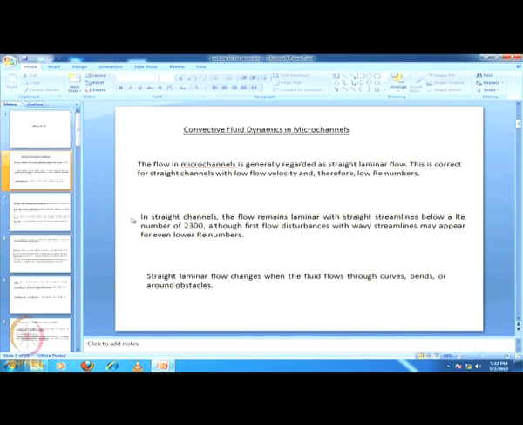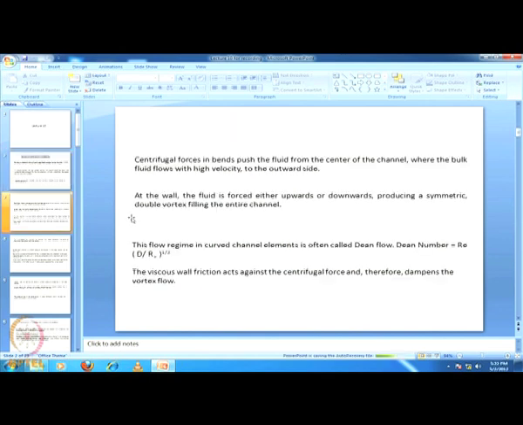Though we start to see disturbances with wavy streamlines that may appear even at lower Reynolds number, and there is obviously a range of Reynolds number beyond 2300 for which we may expect truly turbulent flow. Now, as I was telling you before, the straight streamline laminar flow changes when the fluid flows through curves, bends or around obstacles.